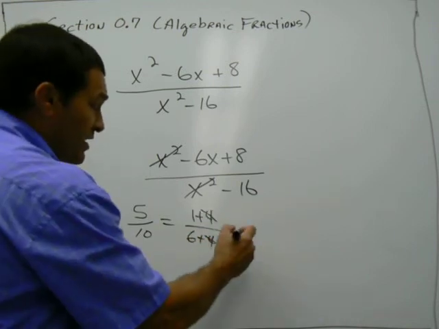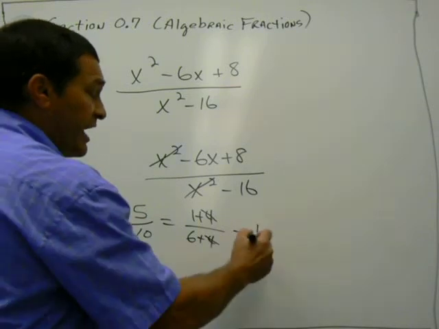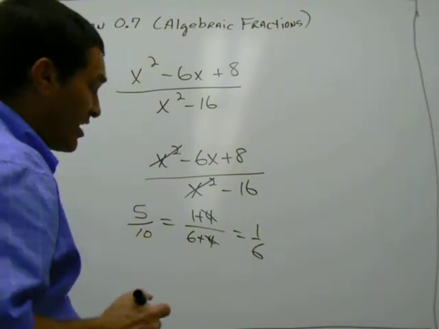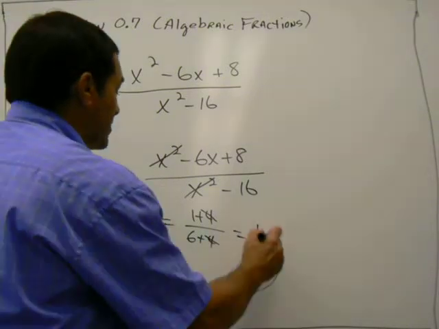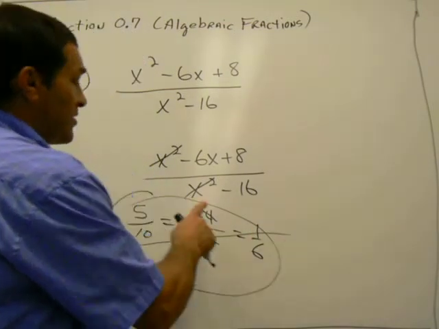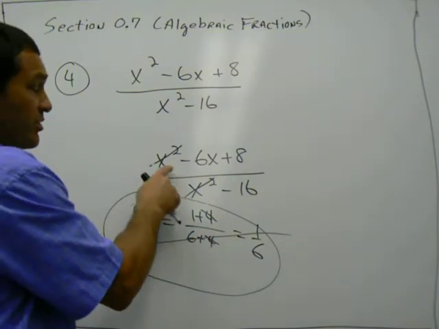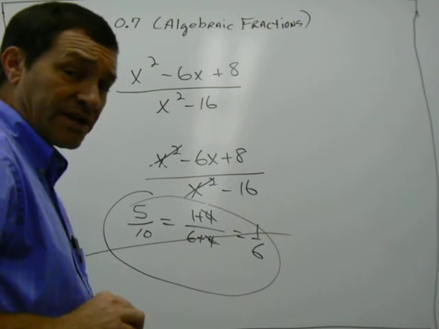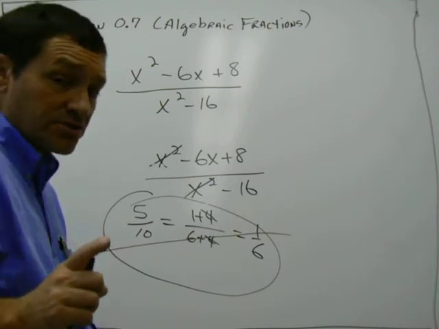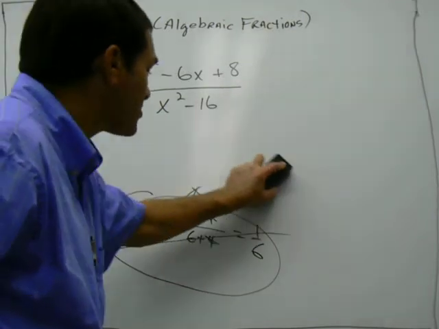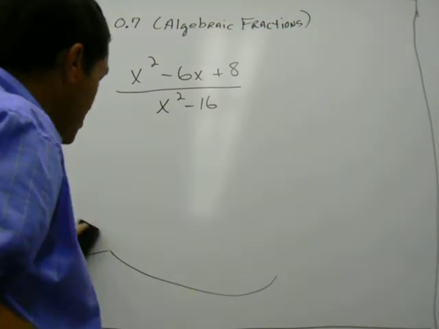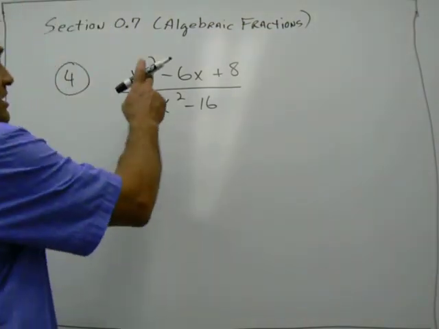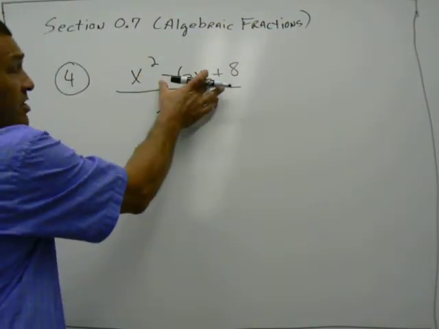The 4 and the 4, I end up saying 5/10 or 1/2 is the same thing as 1/6. Obviously not. And so we don't do that, and we don't ever do this with an algebraic expression. Never cancel terms. You can only cancel factors. And that shows us why the factoring skills that we learned in the last section are needed. I'm going to take this expression and that numerator.